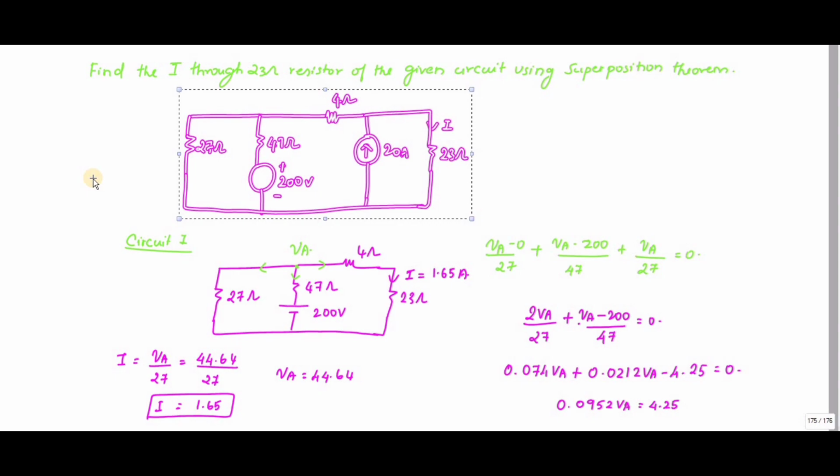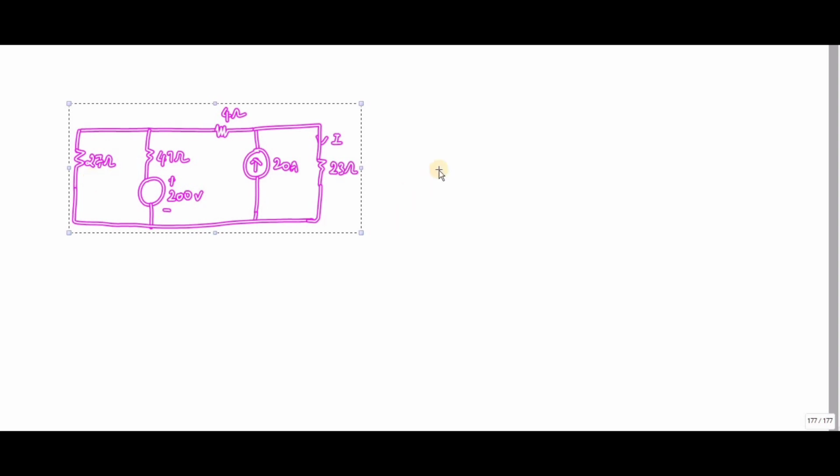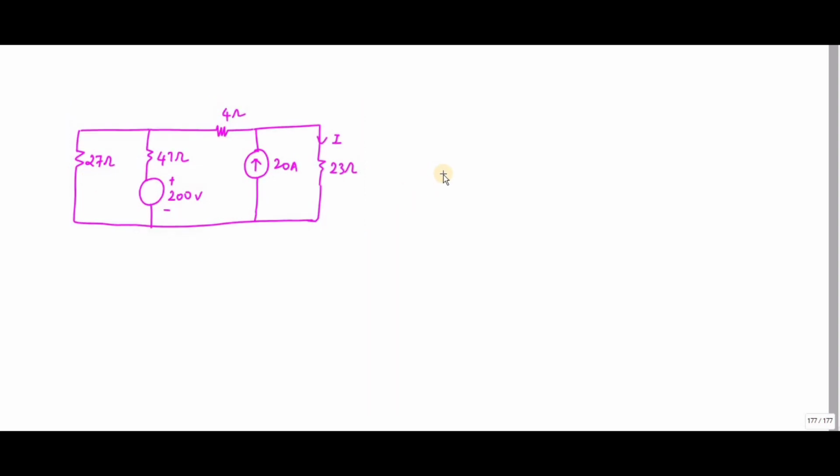So this is my circuit and I want to check this current. Let me take this one as VA and this one as VB.